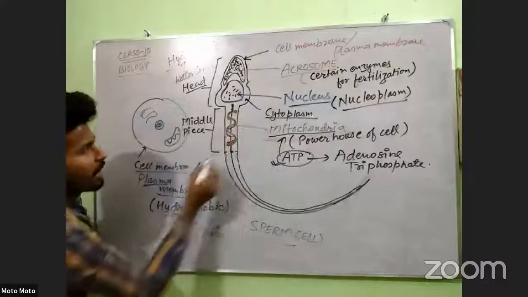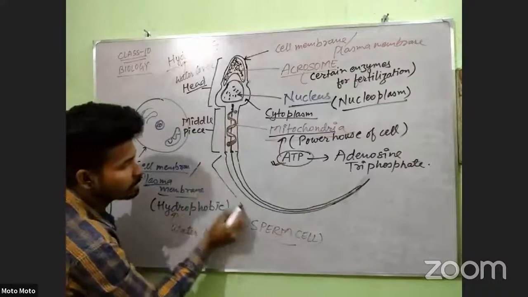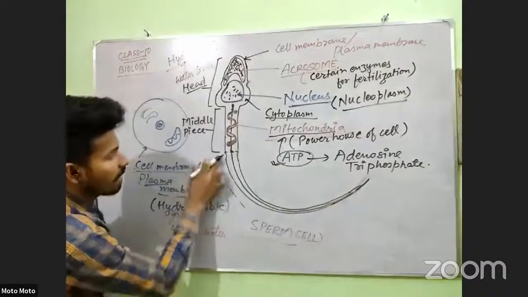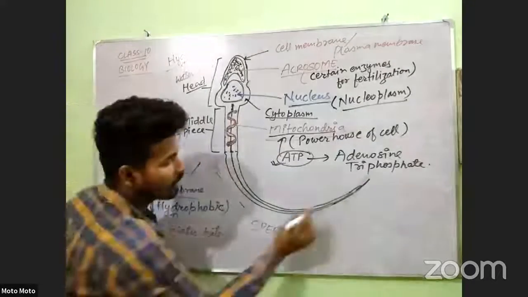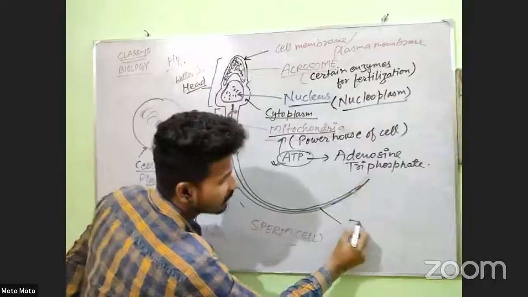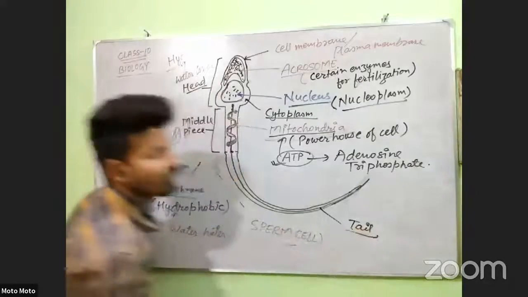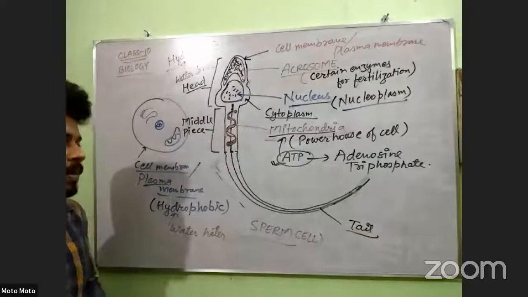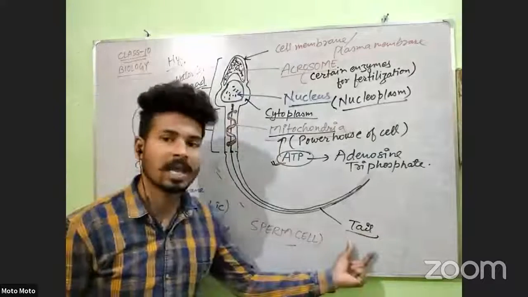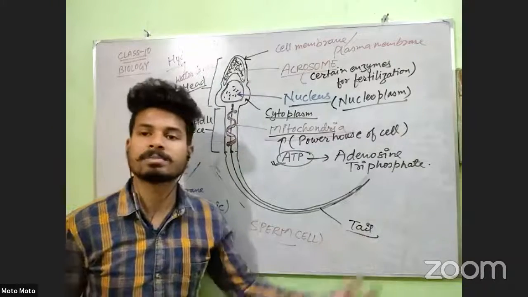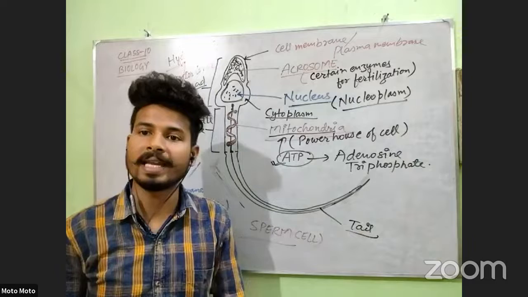Middle piece of any sperm carries mitochondria, and the part after the middle piece, from here to here, is the tail of the sperm. You are well known about the tail. The tail helps in the locomotion of any cell.